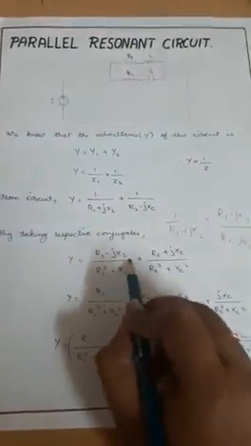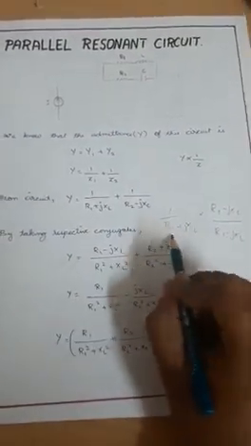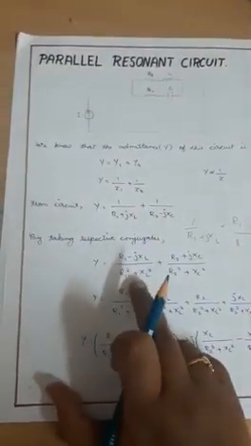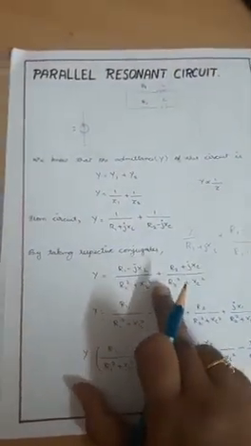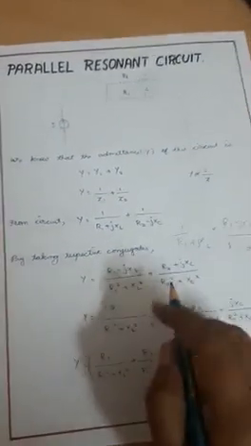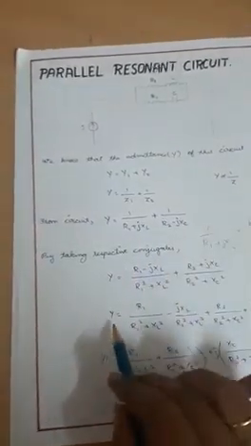While taking the conjugate, we can write it as R1 minus jXL by R1 square plus XL square, according to (A plus B) into (A minus B) is equal to A square minus B square. So R1 square plus XL square. In the same way we do it for the capacitance: R2 plus jXC by R2 square plus XC square.